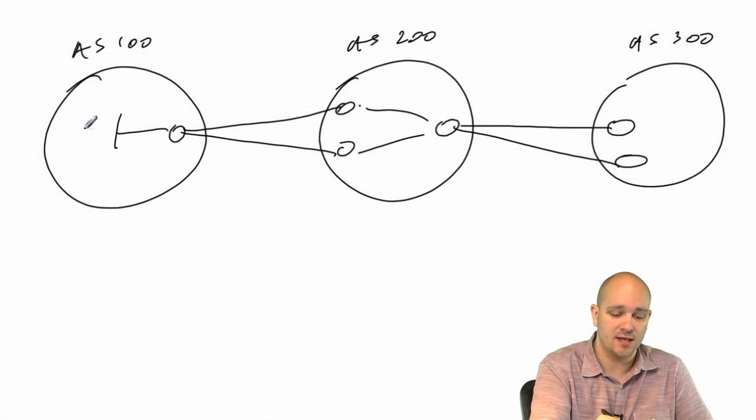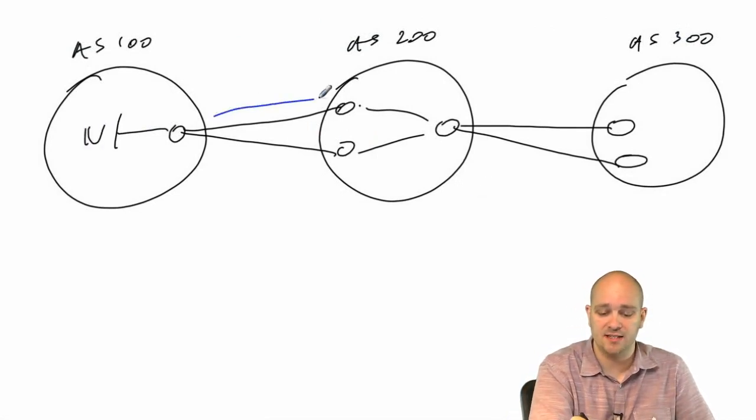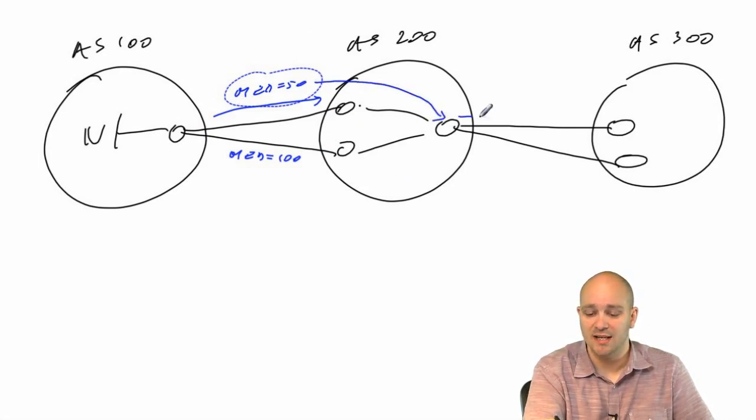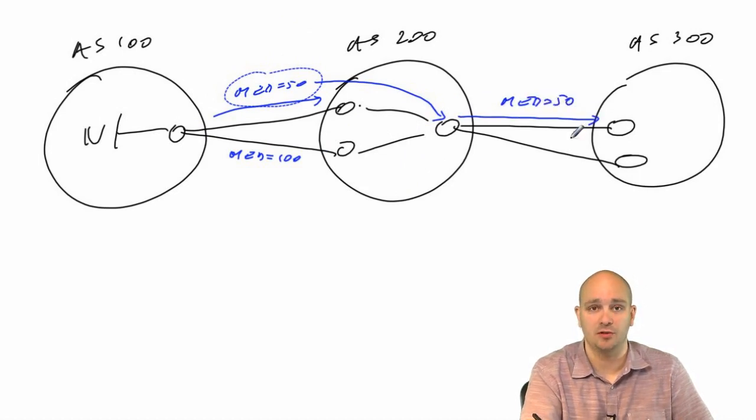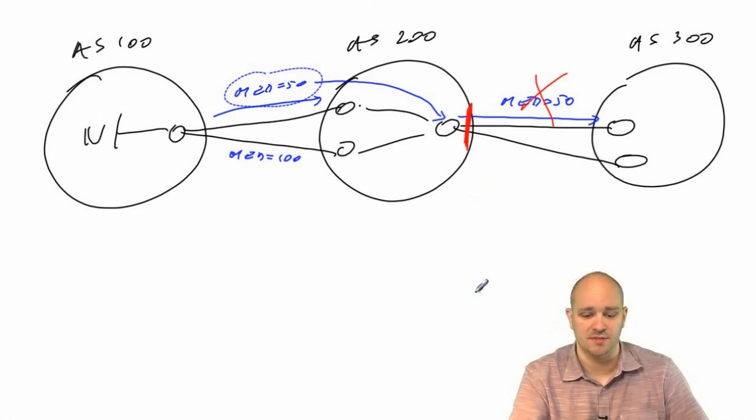Inside our AS100, we have our network N, and let's say that we are advertising this network N with MED 50 here, and MED 100 here. Now, these routers will select this as the best route, and this is the best route that is going to end up being advertised here. So does this mean that this router here will advertise this route with metric 50? Well, absolutely not, because this is where the non-transitive nature of MED comes into play.